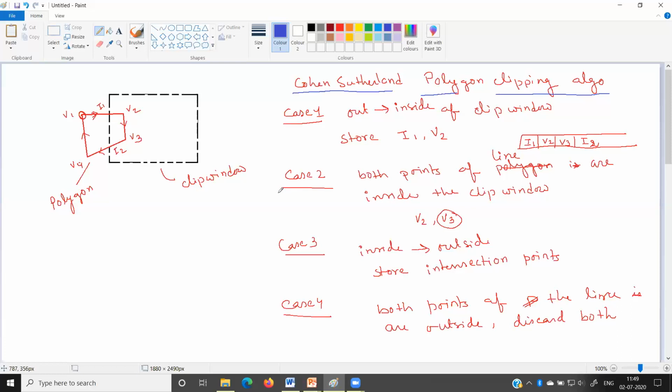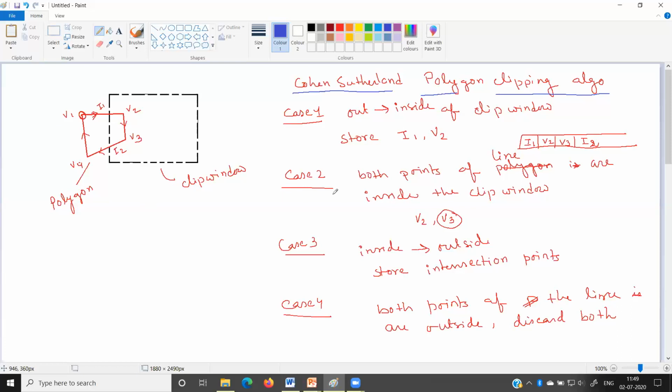If both the points are inside of the clip window, we store only the second one. If the first point is inside but the second point is outside, we store only the intersection point. And if both the points are outside, we don't need to save anything.